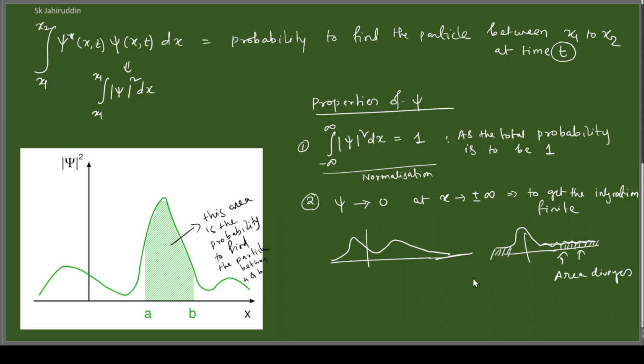Is my recording on? Okay, yes. So this has to be 0 as x increases. Has to be 0.